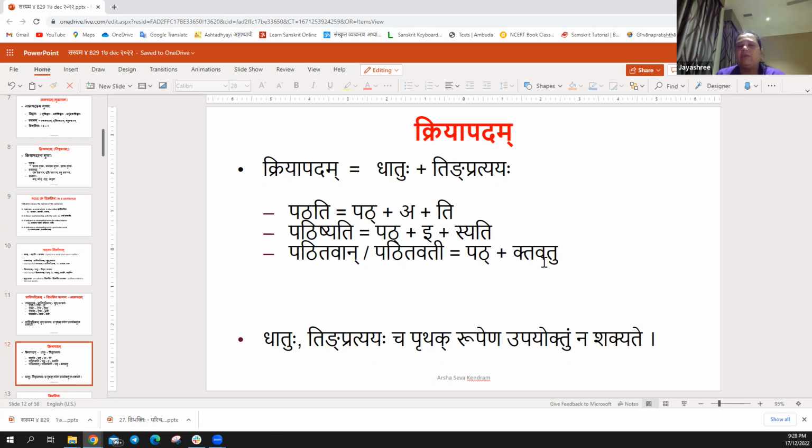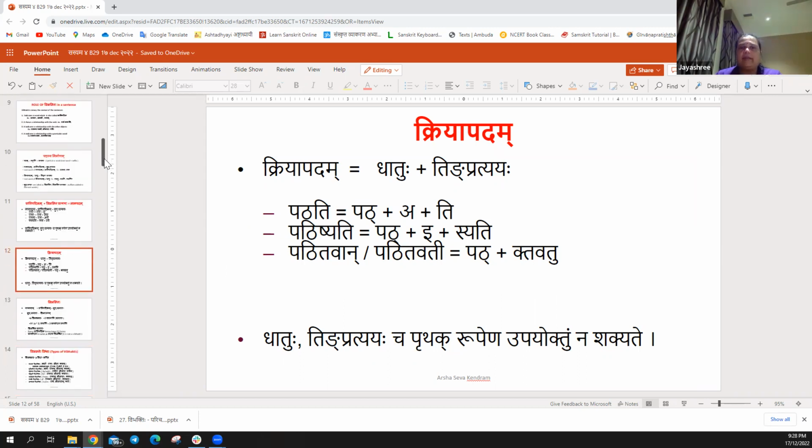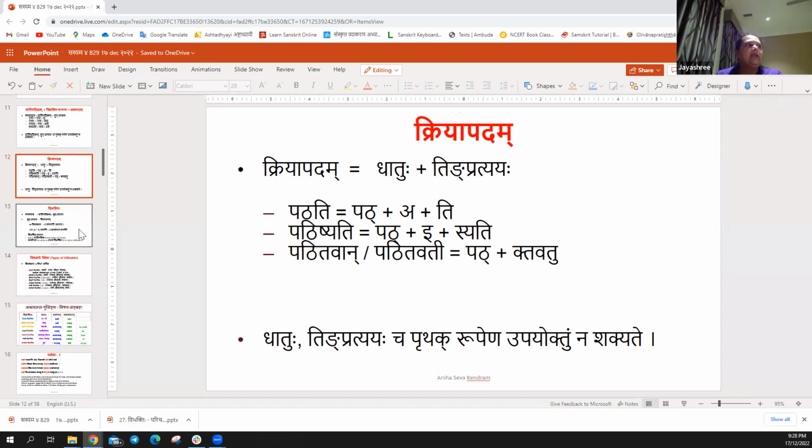Patitavan, that is tavatu pratyaya. So it's pat plus tavatu is patitavan. We went through this, right? Patitavan, patitavati. Now you can see that it's a tavatu pratyaya. We will go into detail with this pratyaya later. And it's the same thing again. With only dhatu, we can't make a word. With only pratyaya, we can't make a word. So both of them have to complement each other. Then only we can do it.